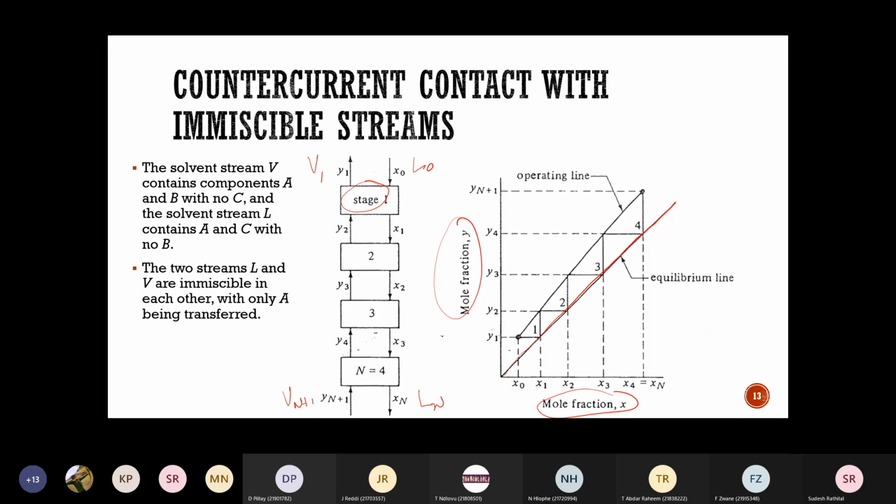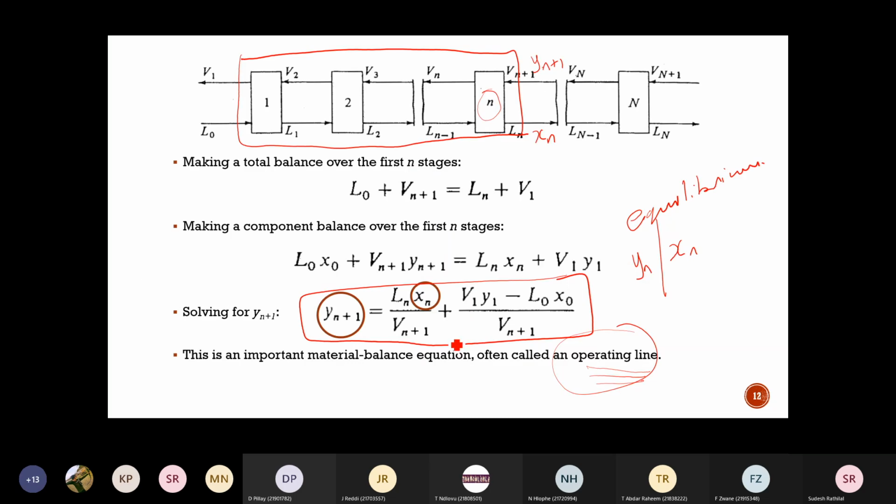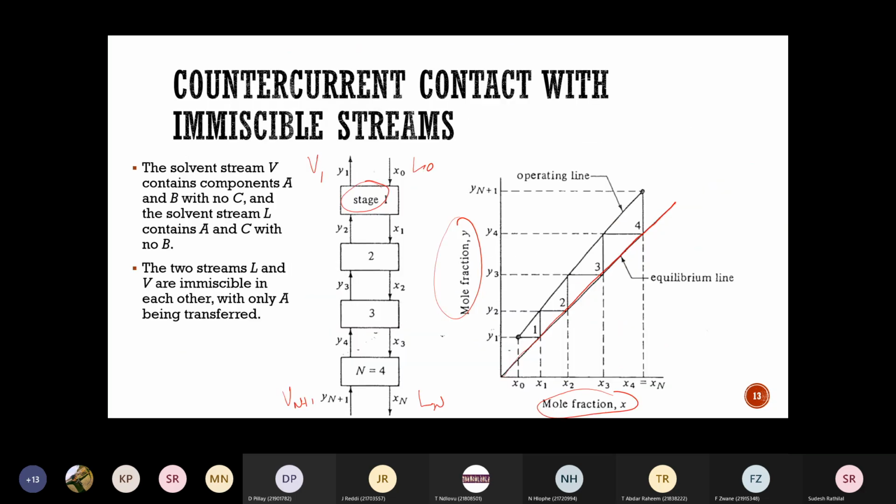So the streams that are leaving the same stage. The other one is the operating line. Where do we get the operating line? It is this equation here that we've got. I have to plot this equation. This is relating yn plus 1 to xn. I plot this equation. Now this is the operating line. So there's my operating line there.